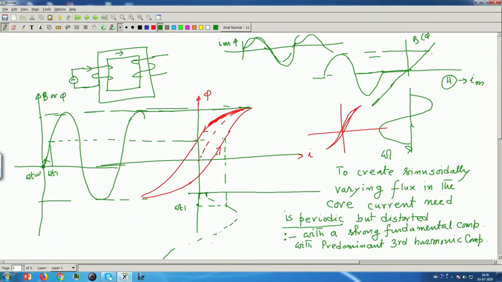If you neglect the other higher order harmonics, you will demand that there should be a 50 hertz component of current as well as a 150 hertz component of current, in order that the flux in the core can be sinusoidal of 50 hertz. One frequency flux of 50 hertz to be created, and you require a 50 hertz component current and a 150 hertz component current. Other higher order harmonics, fifth harmonic 250 hertz, we are neglecting for the time being. So, this is the thing.